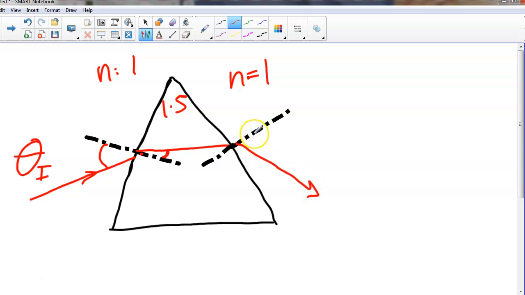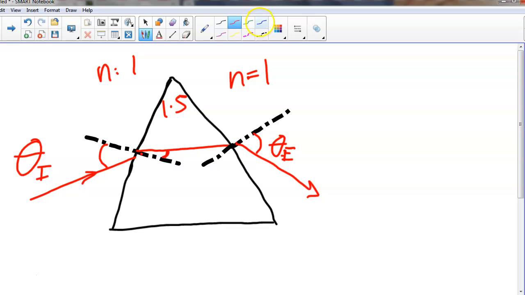So this exit angle right here is actually going to be bigger than when it encountered the normal here inside the glass. So it bends toward the normal, and bends away from the normal as it exits. Cool? Okay, but we actually want to do something slightly different here.